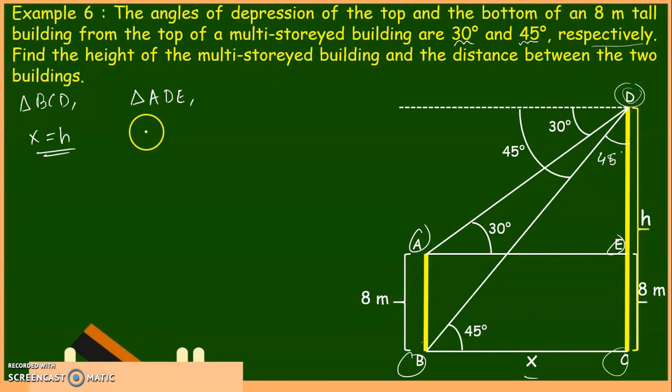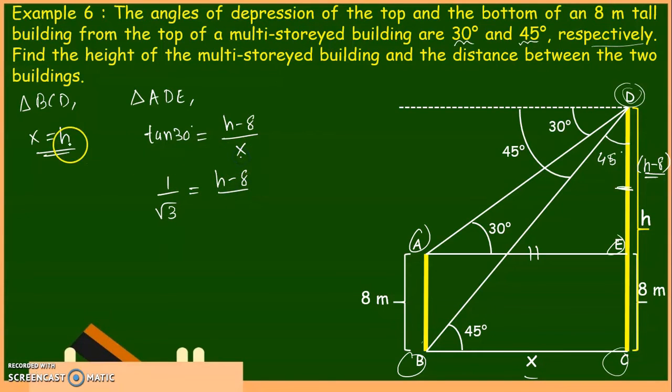Here if you use the formula tan 30 degree equal to opposite side divided by adjacent side, the opposite side will be h minus 8 and the adjacent side will be x. If you put the value of tan 30 as 1 by root 3, we get 1 by root 3 equal to (h minus 8) by x, and in place of x we can write h because x and h are equal.